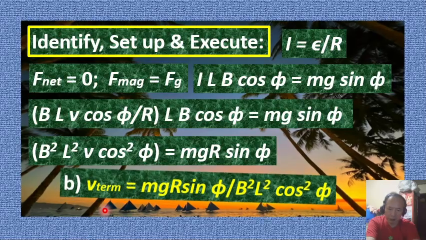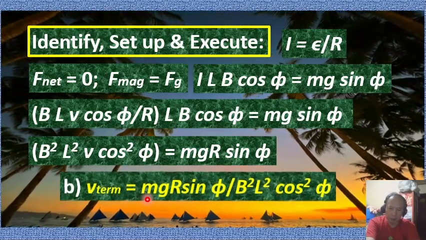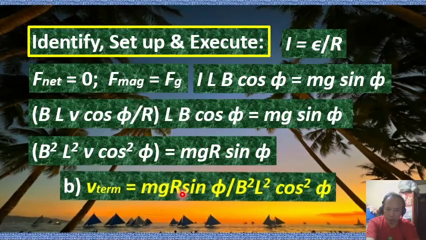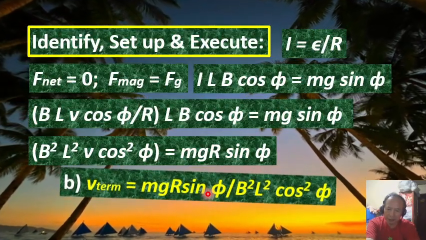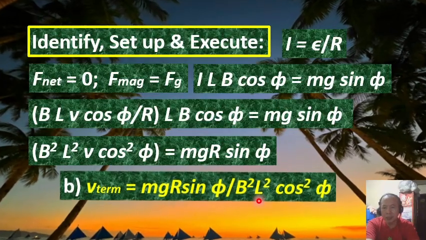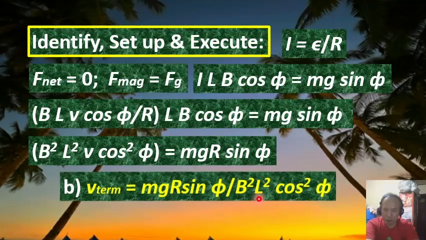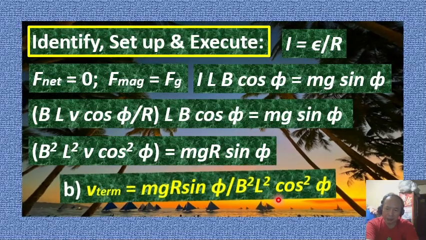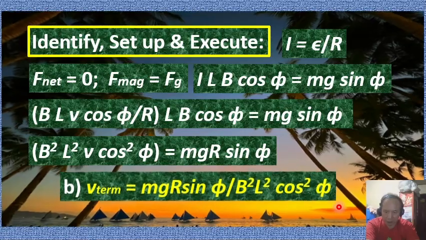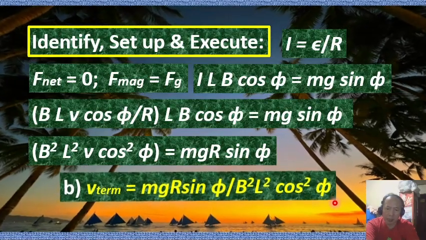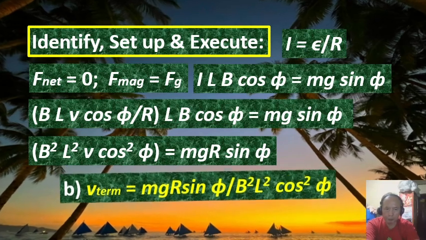Terminal speed is equal to the product of the mass of the metal bar times acceleration due to gravity times its resistance big R and sine of the angle phi, divided by the square of the magnetic field B multiplied by the square of the length L and of course the square of the cosine value of angle phi, which is our answer to the question in part B.